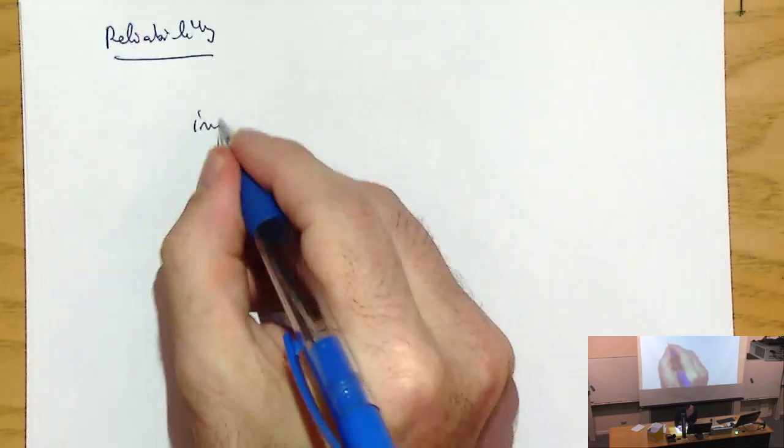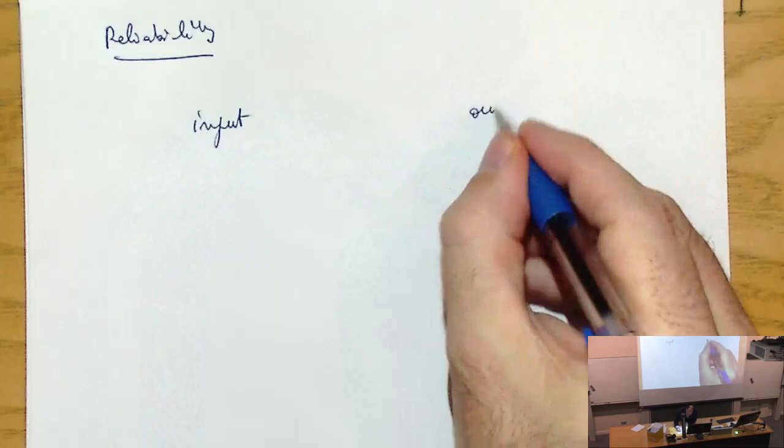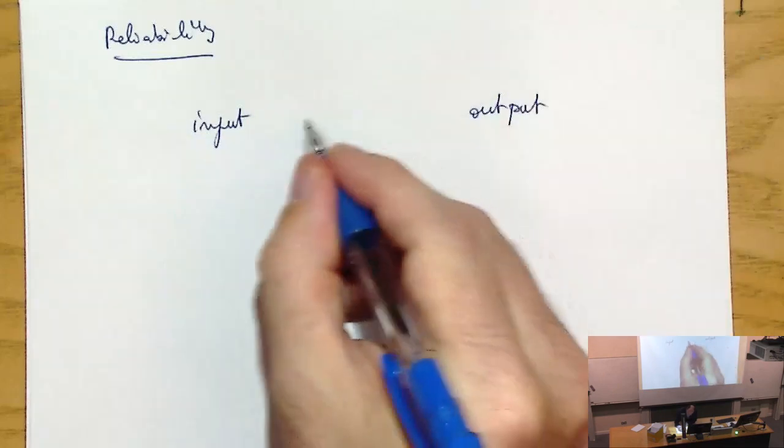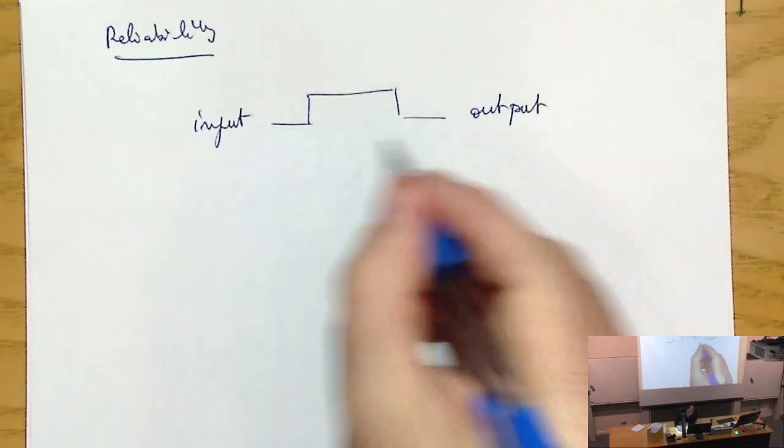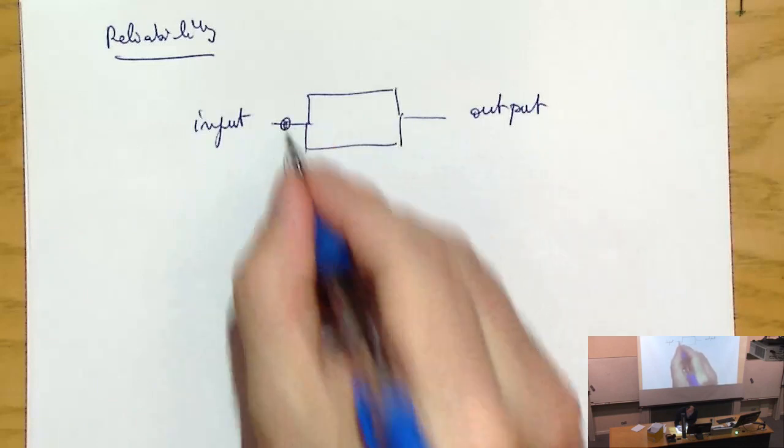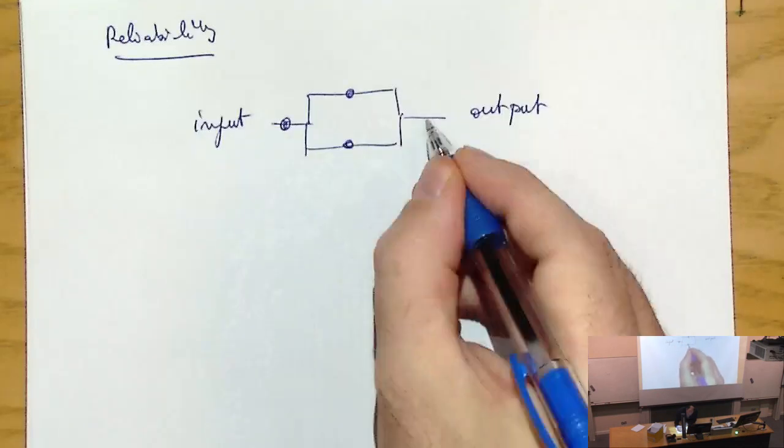So you model a system as something where you have an input and an output, and the system is made of multiple components, right? For instance, here I have a component here, a component there, a component there, a component there.